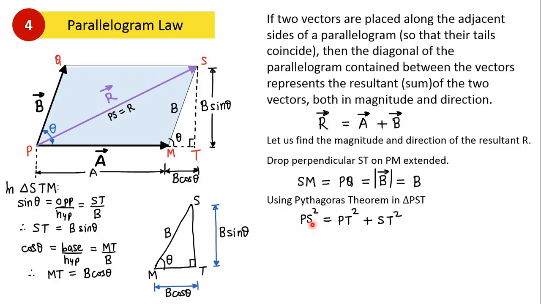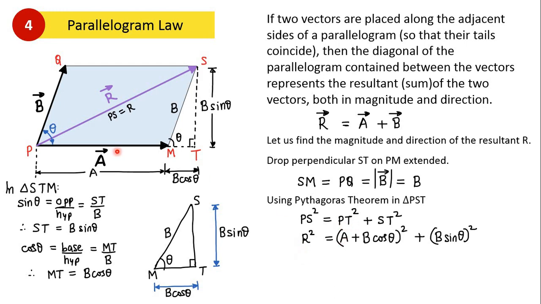Now what is the value of PS? Look at here. PS is nothing but this much length, the length of the resultant. So in place of PS we can write down R. Notice here that we are writing only R without arrow. We are not putting the arrow symbol, means we are writing only the magnitude of R, the length of R. Of course, you know, we cannot square the vector. We can only square its magnitude.